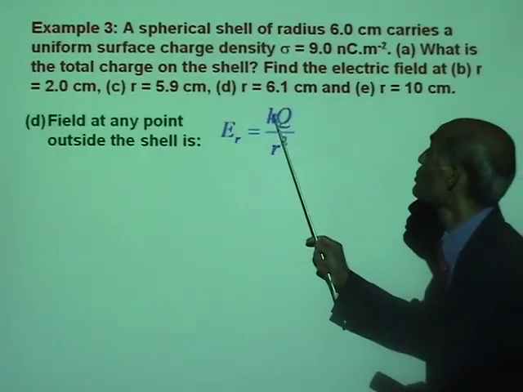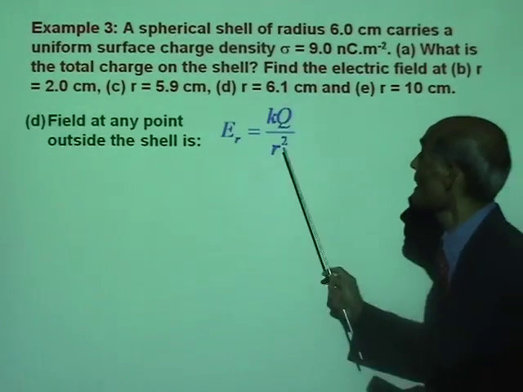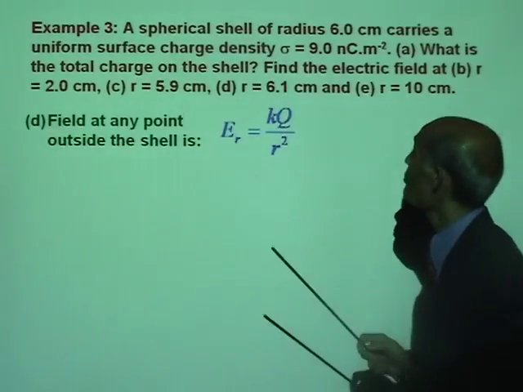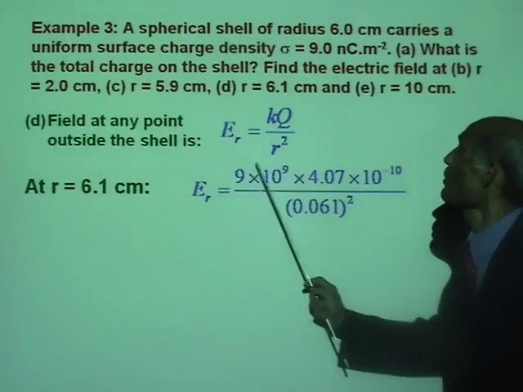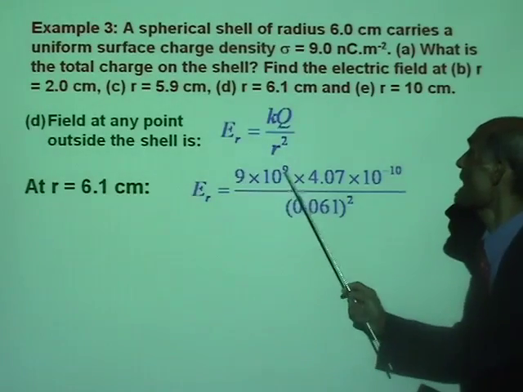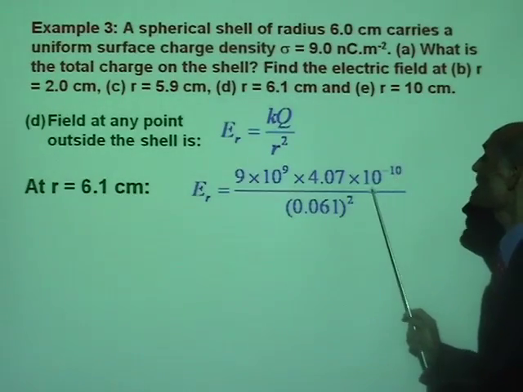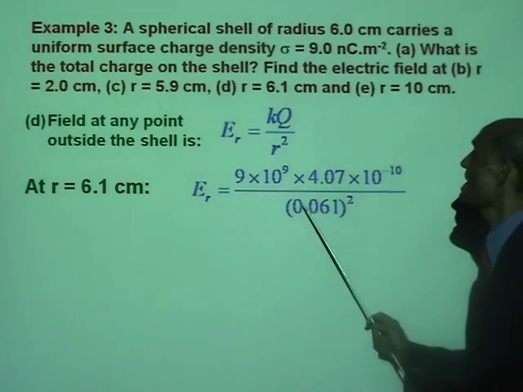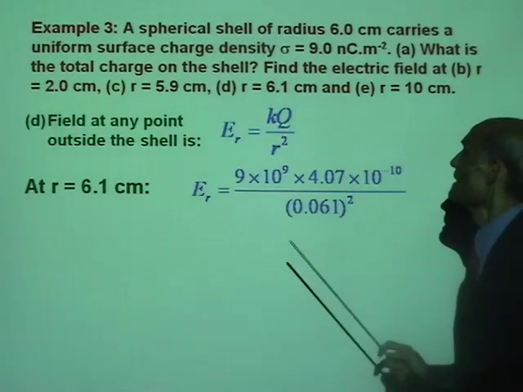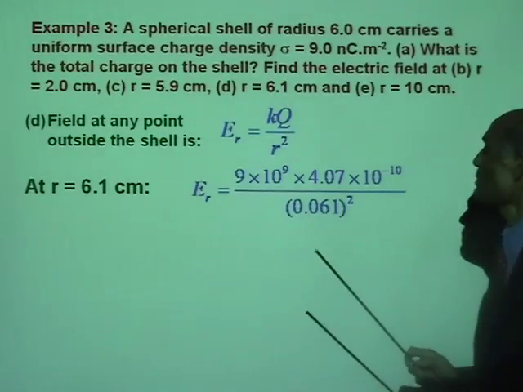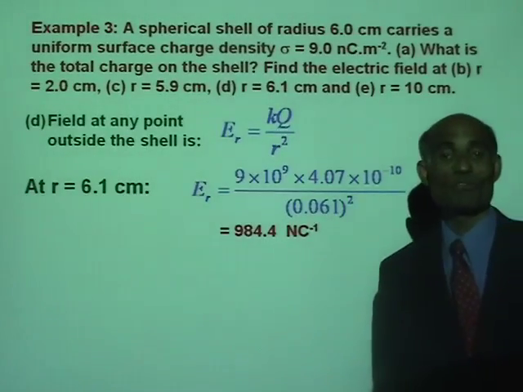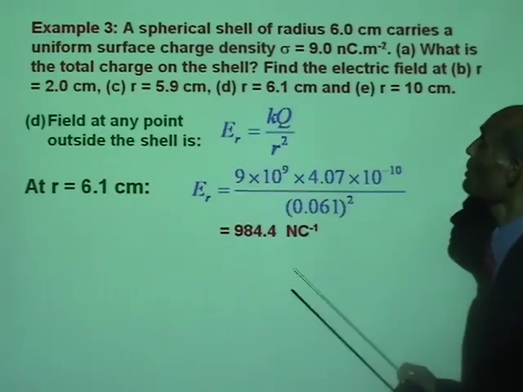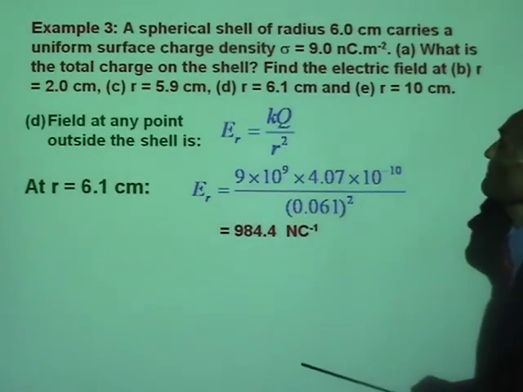K we know, Q we just calculated, and r is 6.1 centimeter, therefore E equal to kQ, where Q is the calculated value from the last slide, over the distance 0.061 squared. That is 984.4 Newton per coulomb, the electric field.